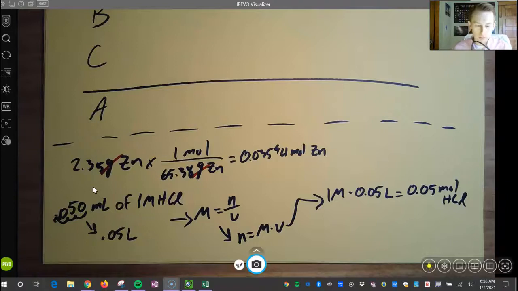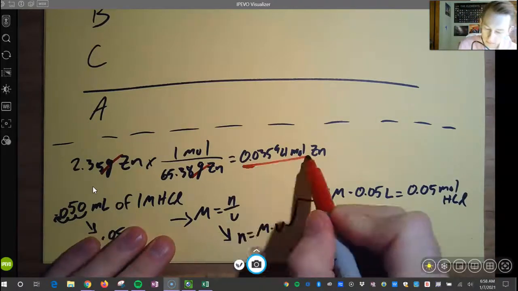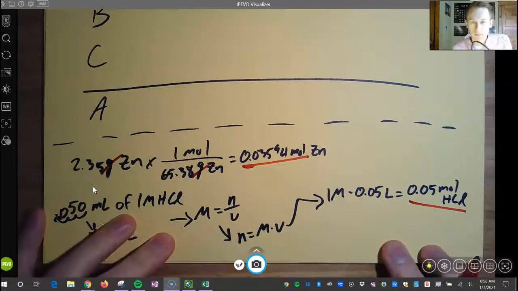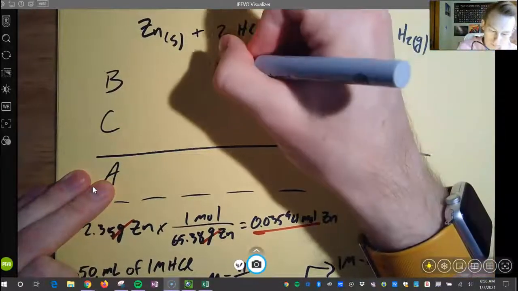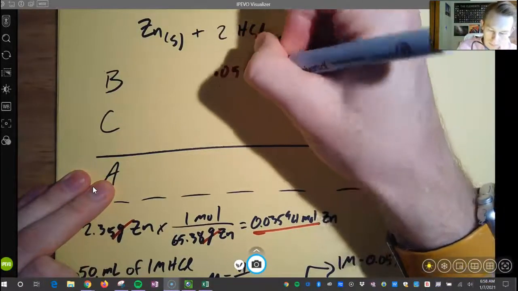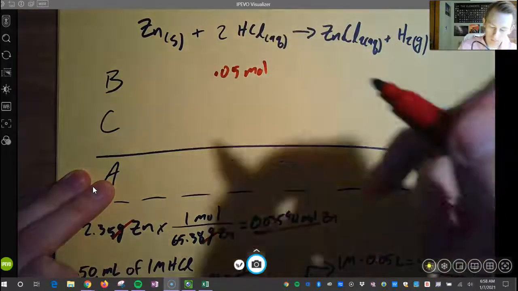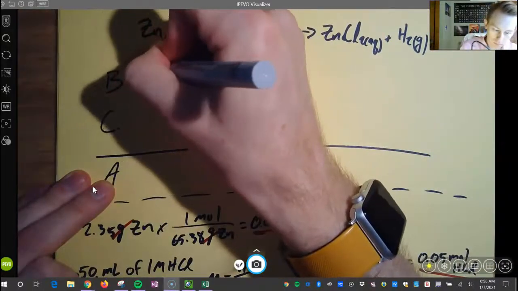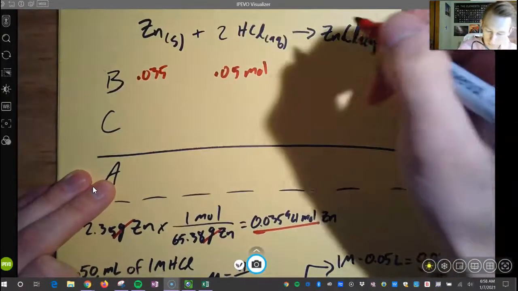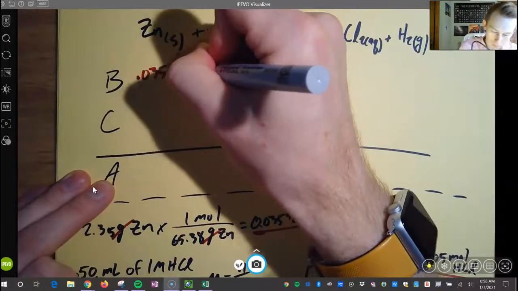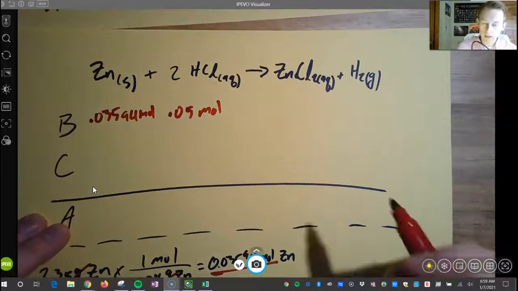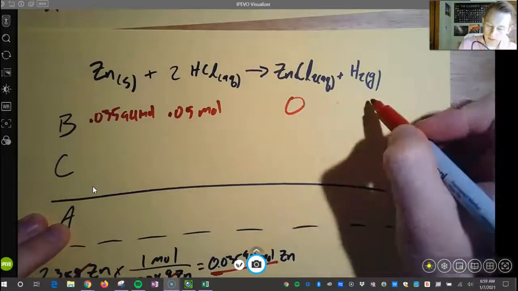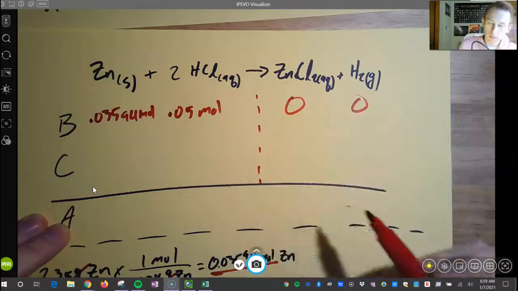Alright, so we have the moles of both of our reactants, so now we can plug that into our BCA table, and then start with 0 products.